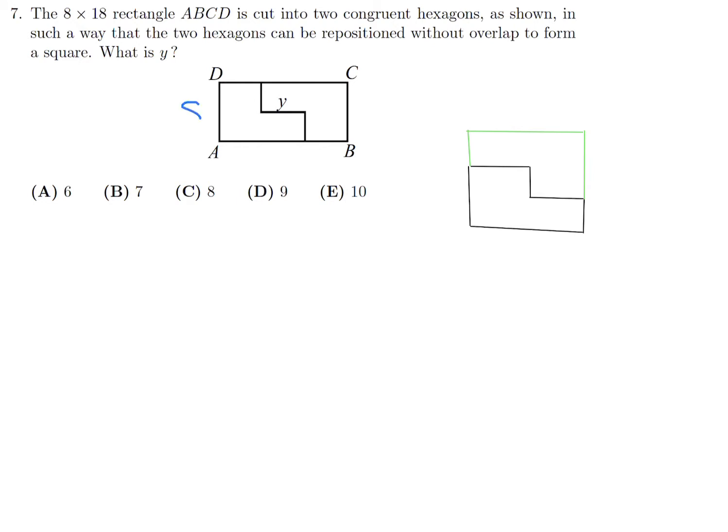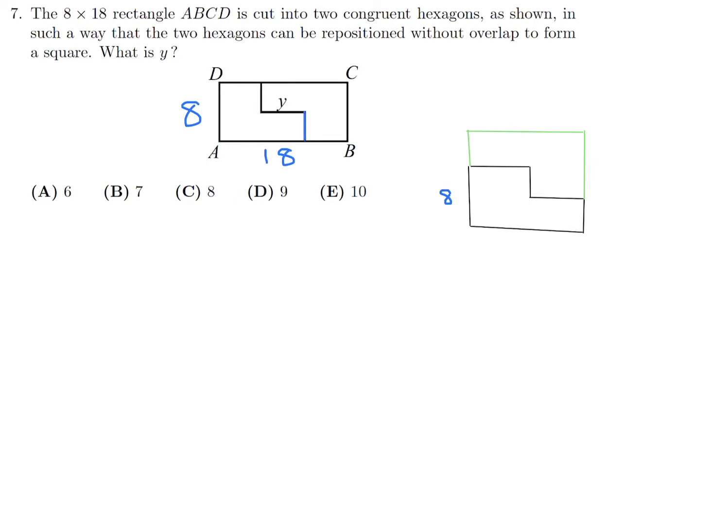Now they tell you that this is 8 and this is 18. So that means from here to here is 8. Now when you reposition this, for this to fit right here, it would have to equal. So what that basically means is that this side has to be the same as that.